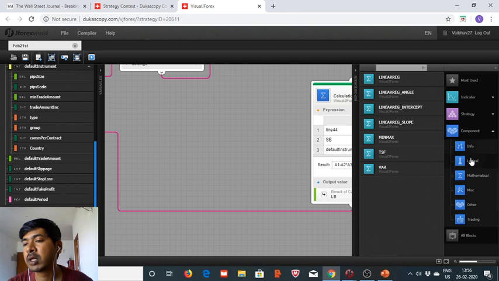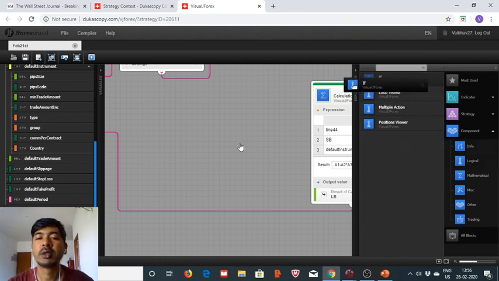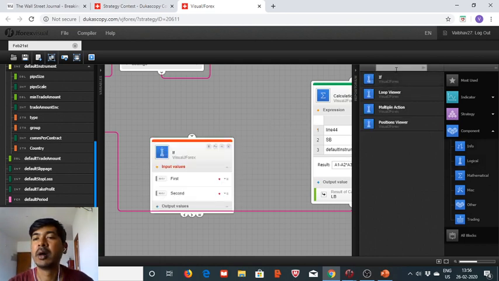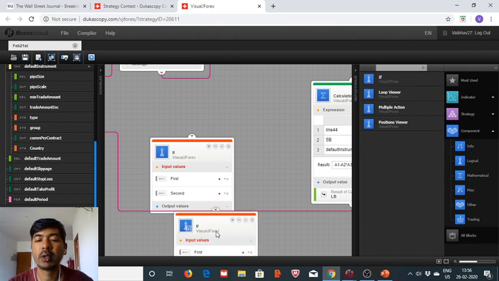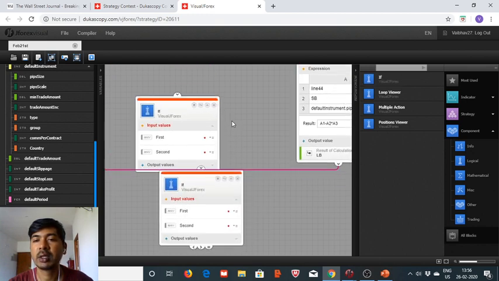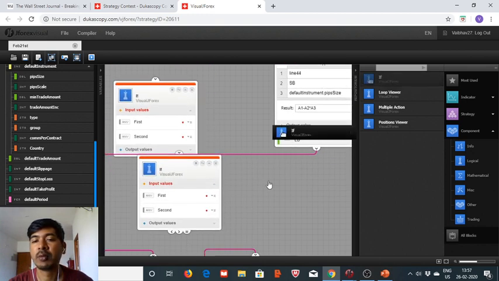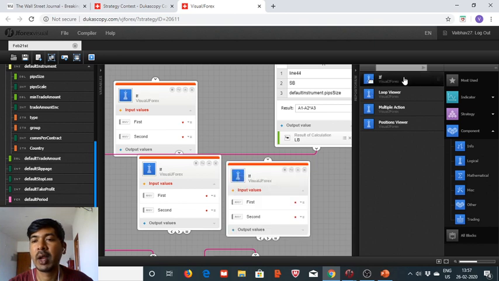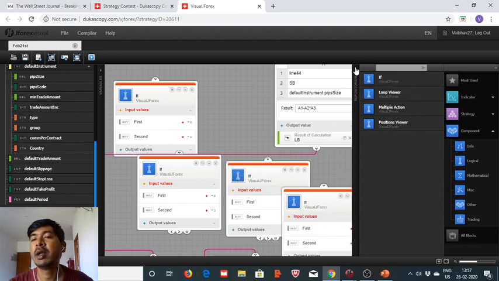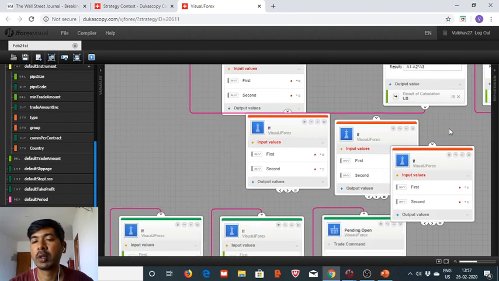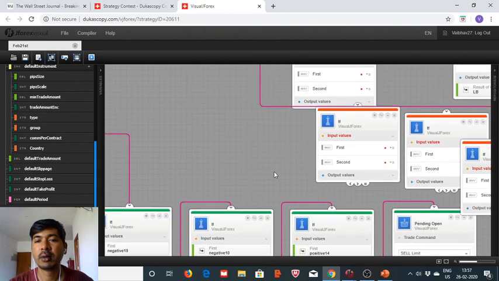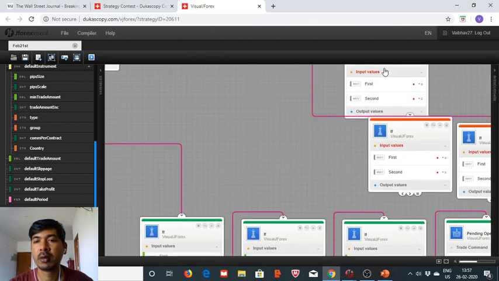So logical, and logical here we will need two if blocks on both sides to add the conditions. So we bring in 4 if blocks in all. We will add 2 if blocks on the sell side and 2 if blocks on the buy side. So here we are.